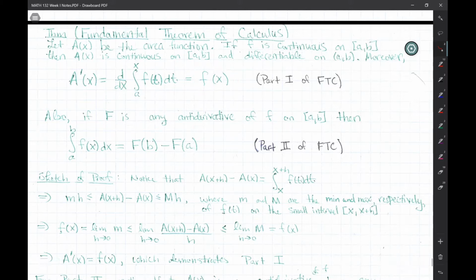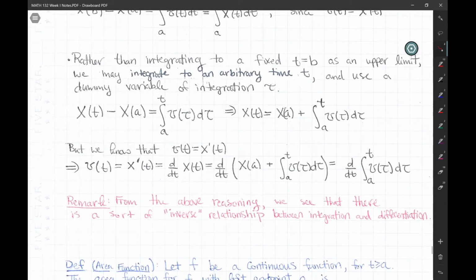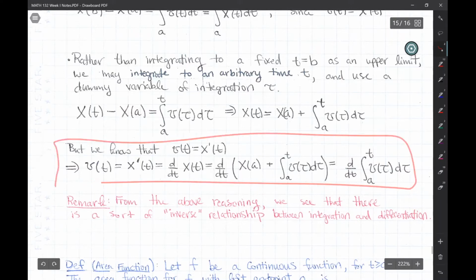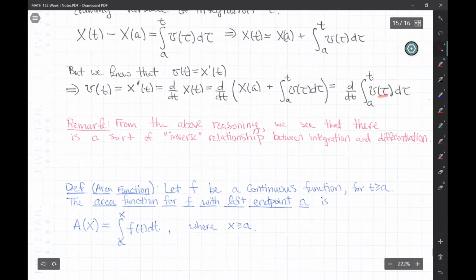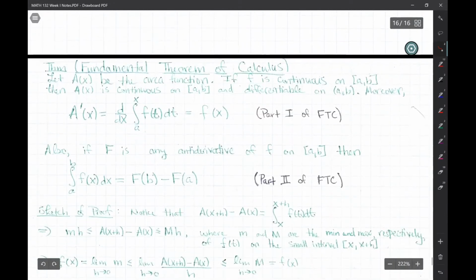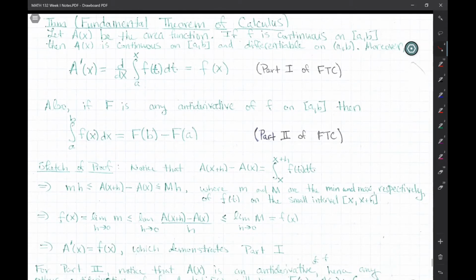And this is what we derived here. Of course here we use tau and t, while here we're using x and t. So please don't make a big deal about the dummy variables. They're just dummy variables. That's one part of the fundamental theorem of calculus. FTC stands for fundamental theorem of calculus here.